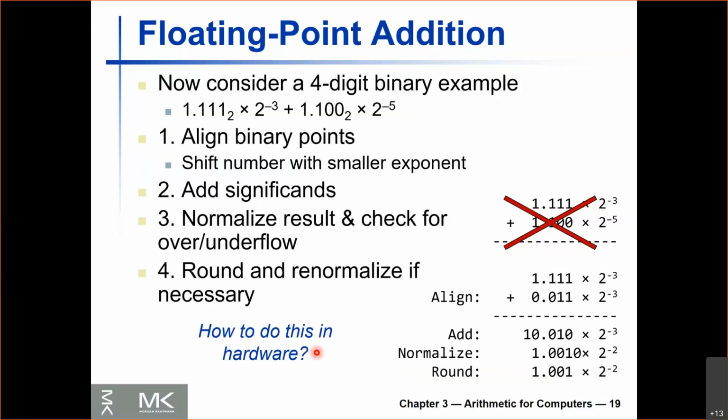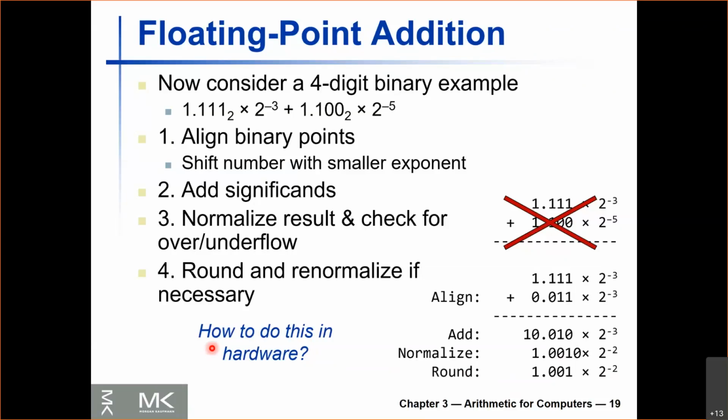How can we do floating point addition in hardware? Someone's asking how do we round in binary? There are different ways to do it actually, and I'll talk about that later. But for now, just assume that we have a way to round in binary. So how do we do this in hardware?